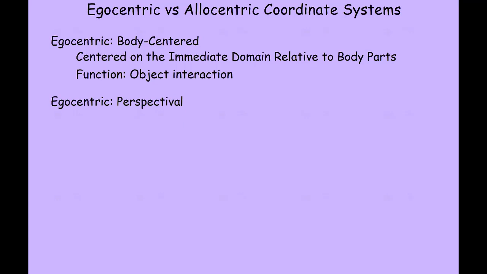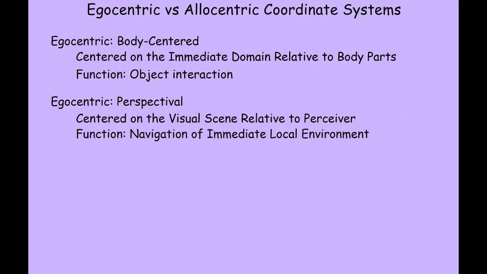When we want to move around in the larger visual scene, still within the area that we can directly see, for example, we might want something like an egocentric perspectival representation scheme. Here we're thinking about a representation of the visual scene that's centered on the visual scene relative to us, so we're still kind of the origin. Everything is measured relative to us, right? But now the scope is much larger.